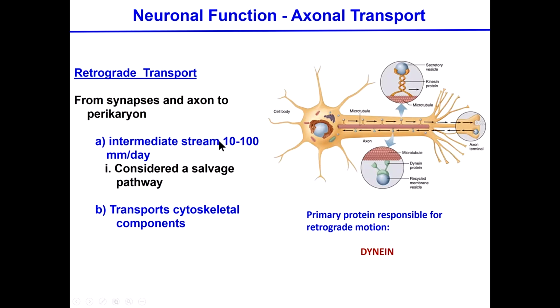It is the intermediate stream, between 10 and 100 millimeters per day, and is considered a salvage pathway because it's primarily devoted to recycling materials that have been used for a purpose, and now they're going back to be recycled and probably used again for something else. And so it transports recycled portions of the membrane that was involved in the formation of the secretory vesicles and also cytoskeletal components.